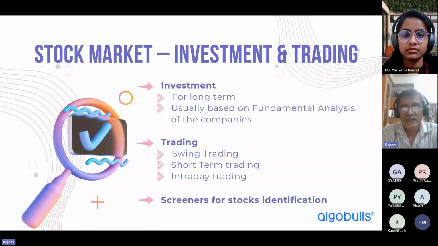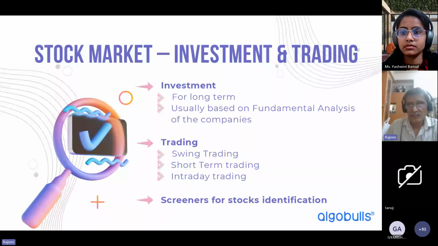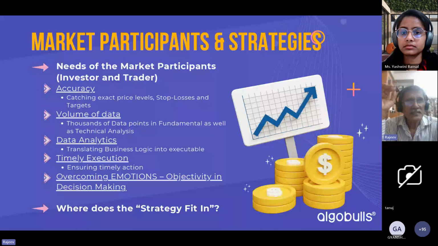They provide the screeners for shortlisting of the stocks for investment and trading. So that's one of the areas where technical involvement is required for development of screeners. So with that small brief background of investment and trading, let's move on to the market participants and the strategies.